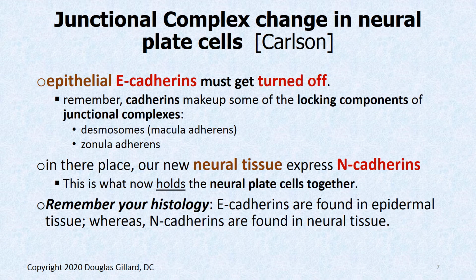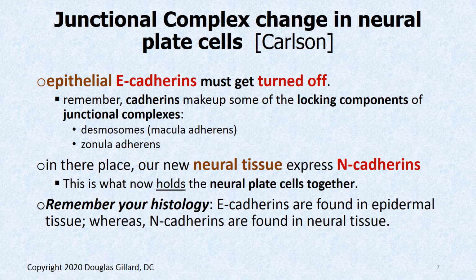Now, we have another problem. So those ectoderm cells are locked together with E-cadherins, and so those need to be changed as well into one that is more amenable to become neural tissue. And remember, cadherins are what locked. Remember, specifically, cadherins make up macula adherens and zonula adherens.